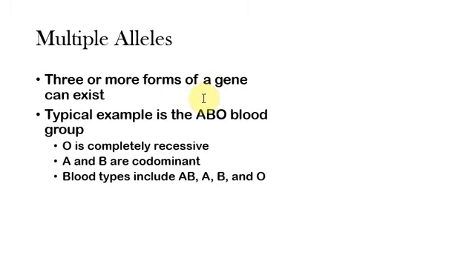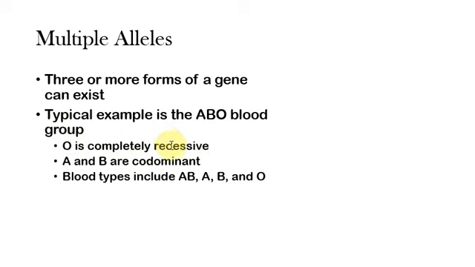The typical example we will be using is the ABO blood group. There are three different alleles for this: the A allele, the B allele, and the O allele. Now O is completely recessive, but A and B are codominant.